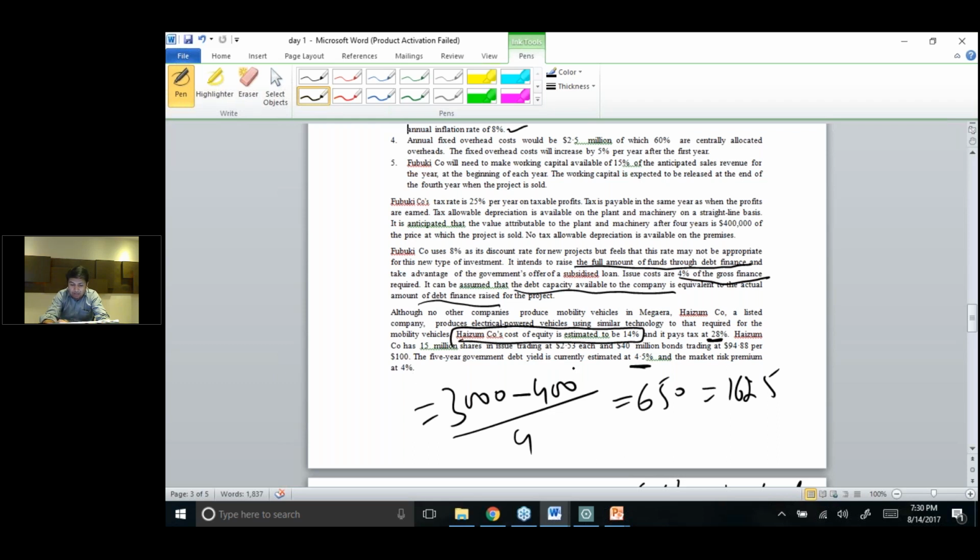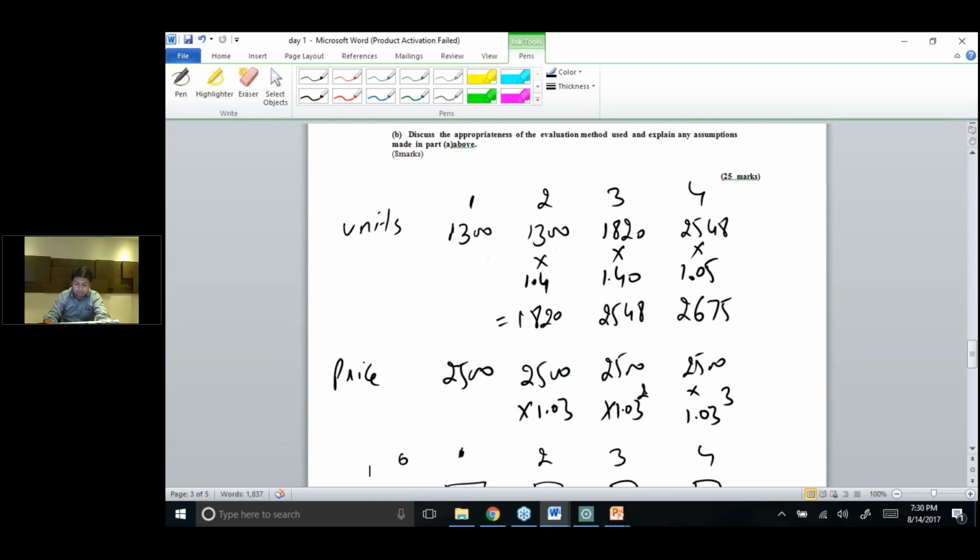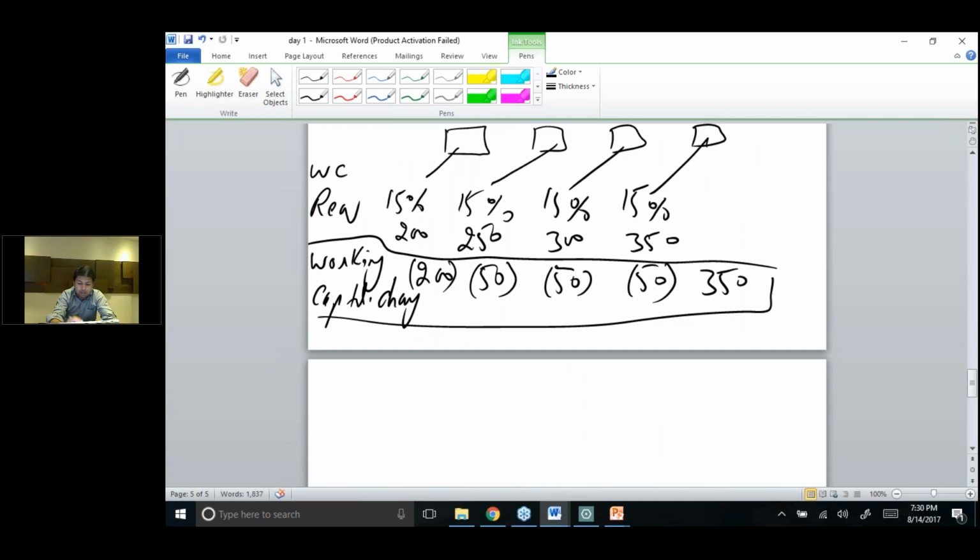So how are you gonna calculate the ungeared cost of equity? We are going to calculate ungeared cost of equity using this equation. Remember this, 1 minus 0.28.